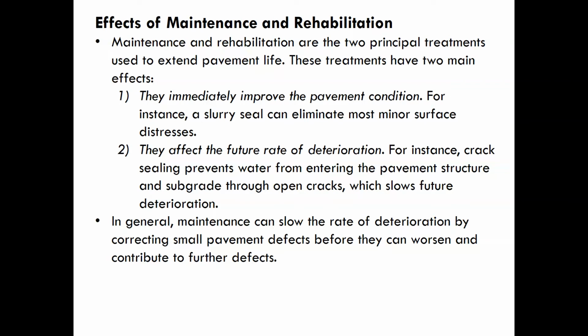For example, if you don't do any maintenance or rehabilitation, the whole road may deteriorate and become unusable in, let's say, 10 years. But with maintenance, you can slow down the deterioration and probably extend another 10 years of good serviceability. In general, maintenance can slow the rate of deterioration by correcting small pavement defects before they worsen and contribute to further defects.